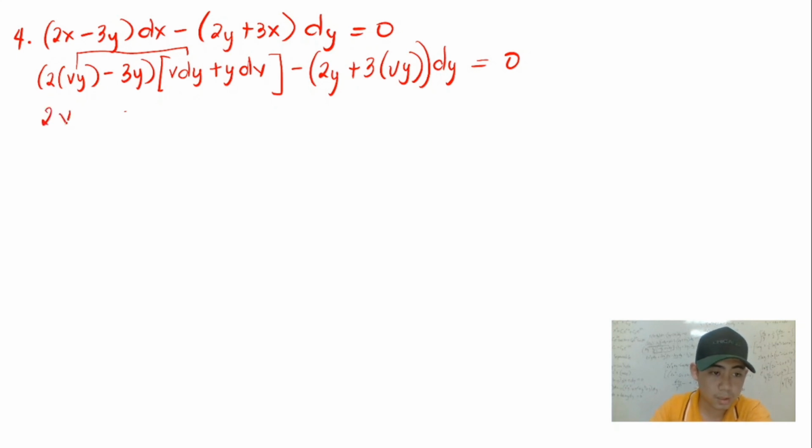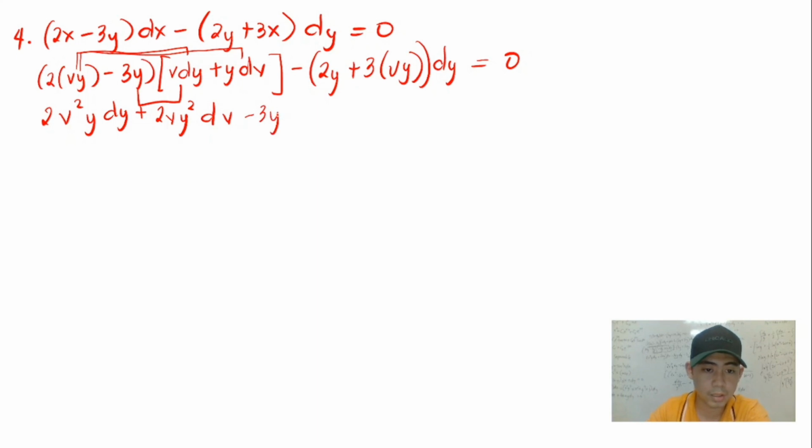So, 2v squared y times dy minus or plus, eto naman, mga lods, multiply naman natin dito. So, 2v y squared times dv. Ito, mga lods, dito, minus 3y or 3vy dy minus 3y squared dv.